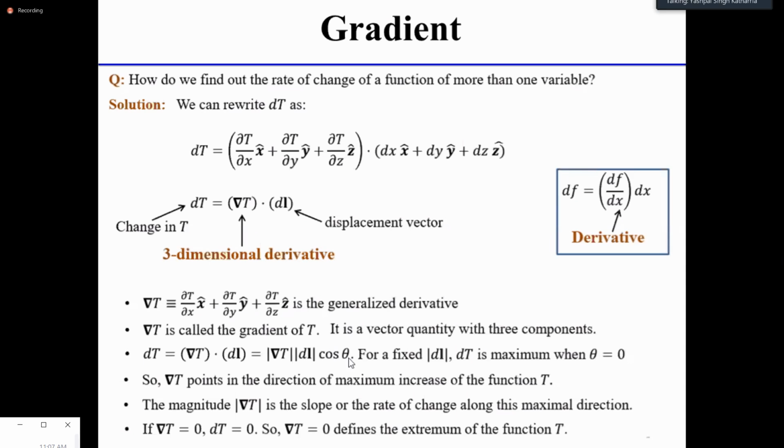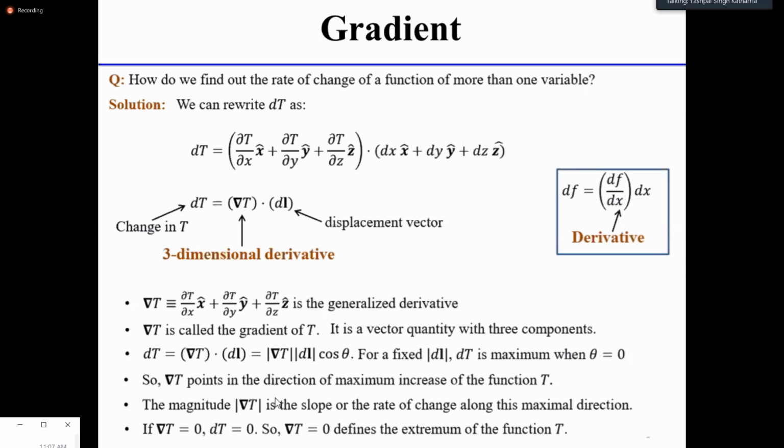Now if you fix the value of dl and search around all the directions to get the maximum value of dt, that means you are changing the value of theta. With that, it is obvious from this equation that dt will be maximum for theta equals 0.